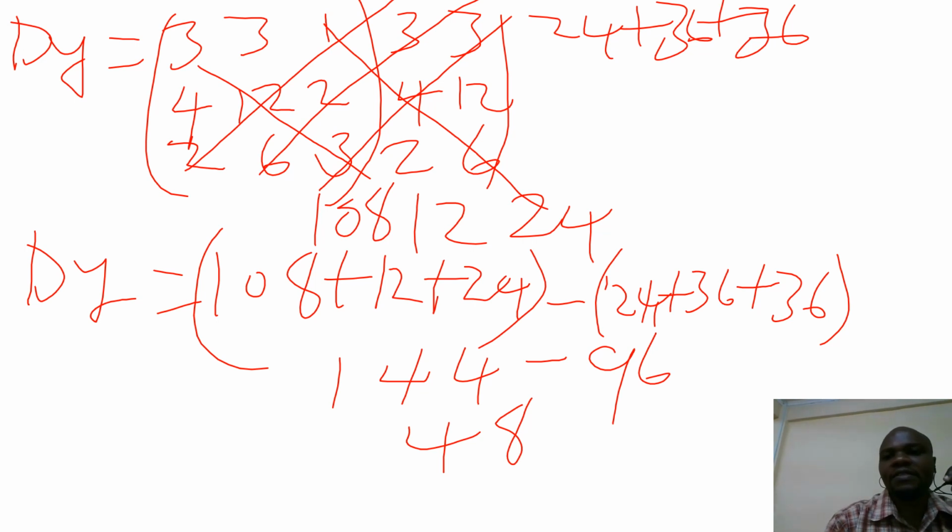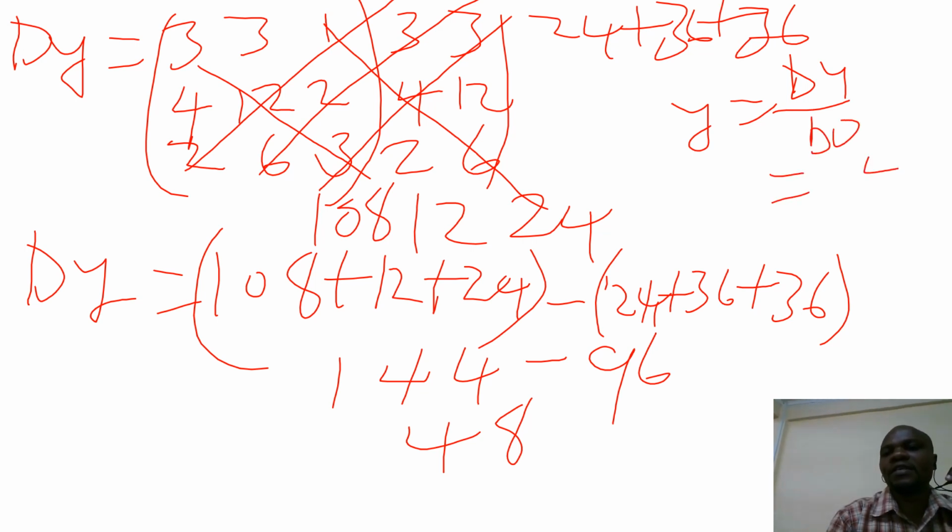So in that perspective, my y value is equals to dy divided by do. So in this case, I'll have 48 divided by negative 3, which gives me my value of y as negative 16.